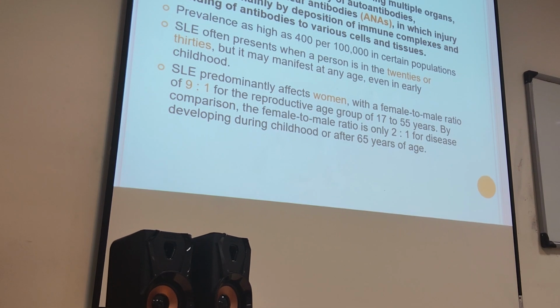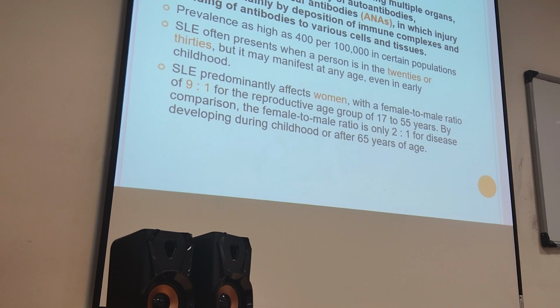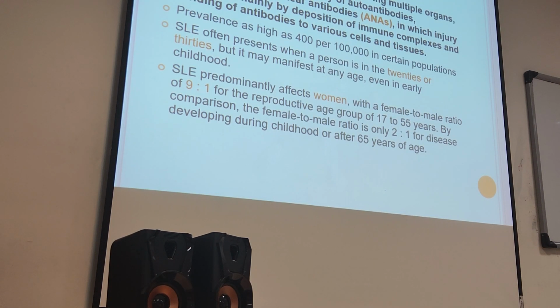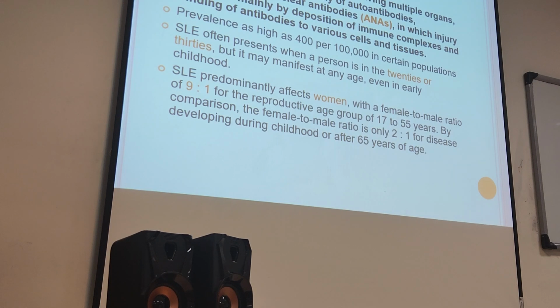You can understand from its name that it is systemic, and it is characterized by autoantibodies which are mostly against nuclear antigens. So we call them anti-nuclear antibodies, or ANA.